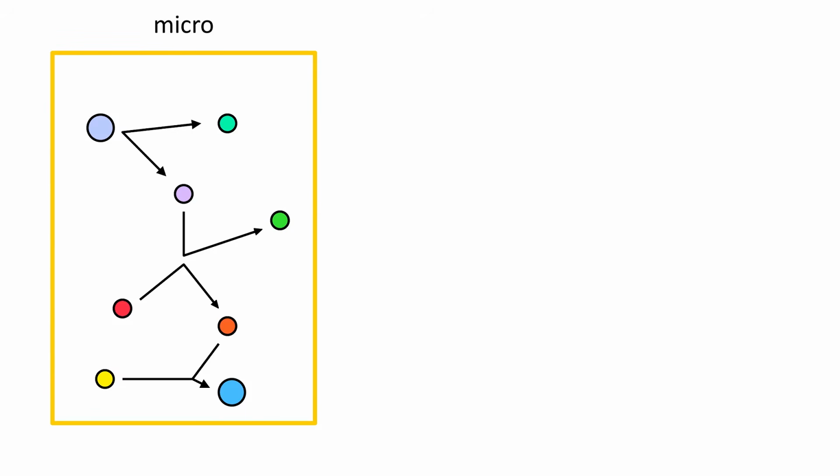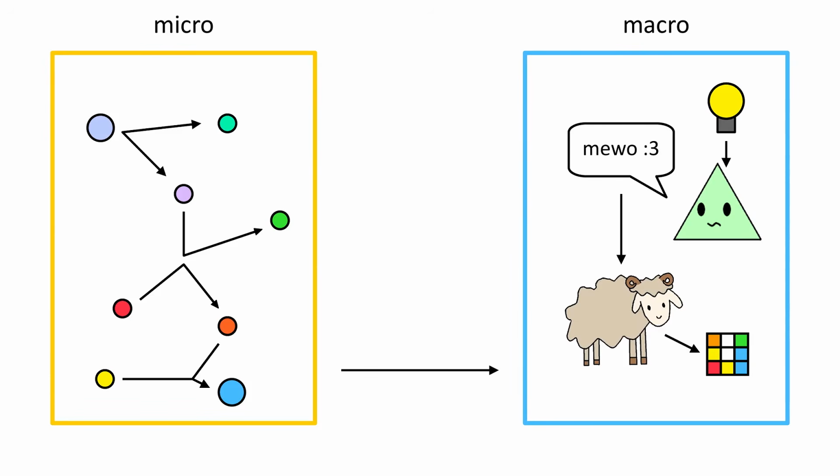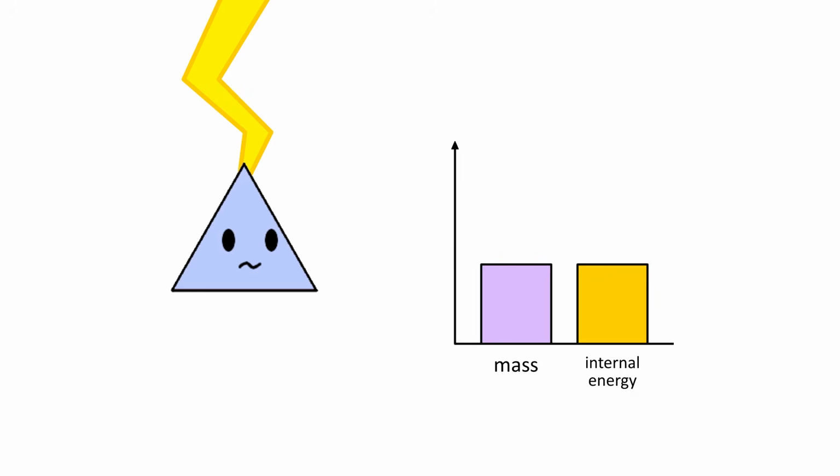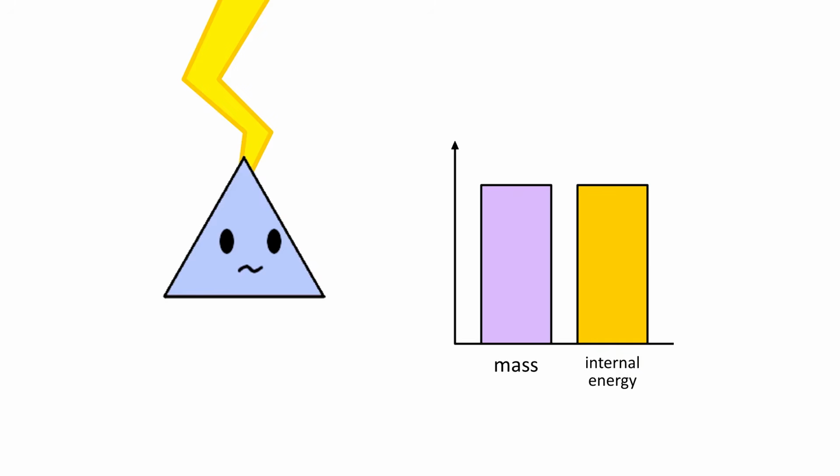You see, particles interacting with each other by colliding and decaying like this is exactly how the universe interacts on a fundamental level. So this fact about particle interactions must also be true for everything composed of particles, aka everything. This means if you add internal energy to any object, it increases the object's mass by a proportional amount, and vice versa.